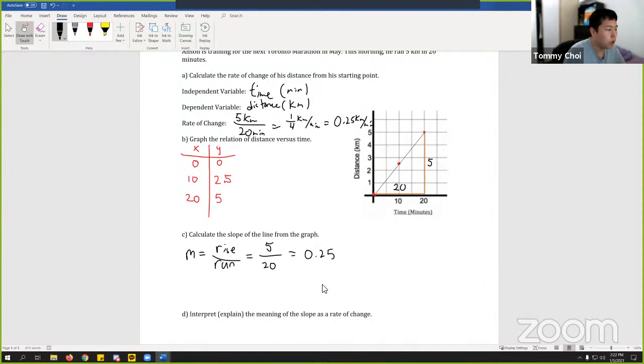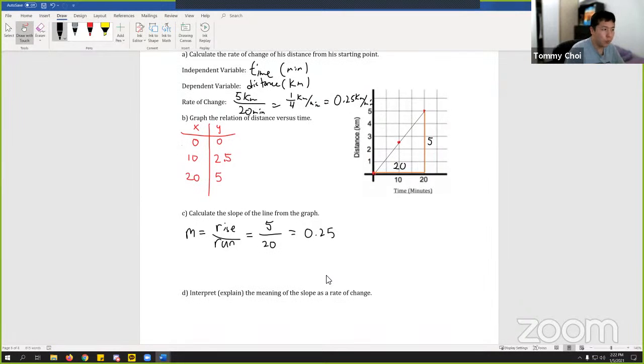So now we have our slope, and so can we interpret the meaning? Well, the rate of change was this. So what does this represent? If someone were to explain, what does 0.25 kilometers per minute mean?